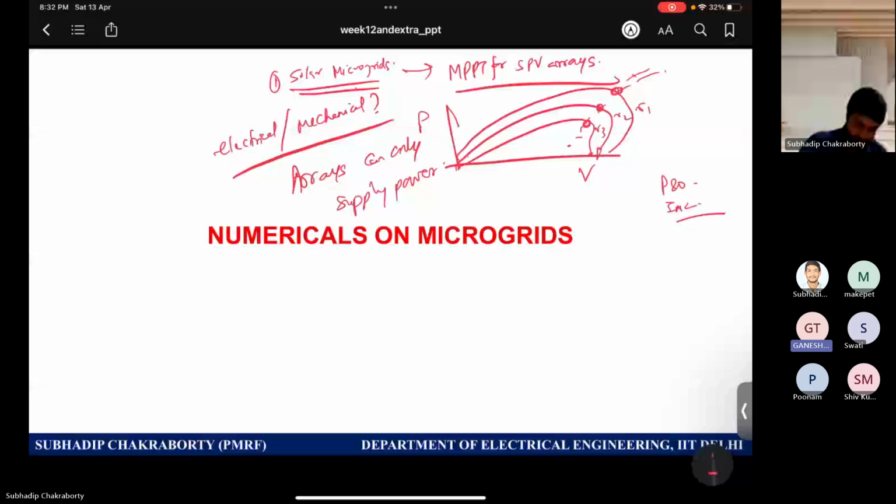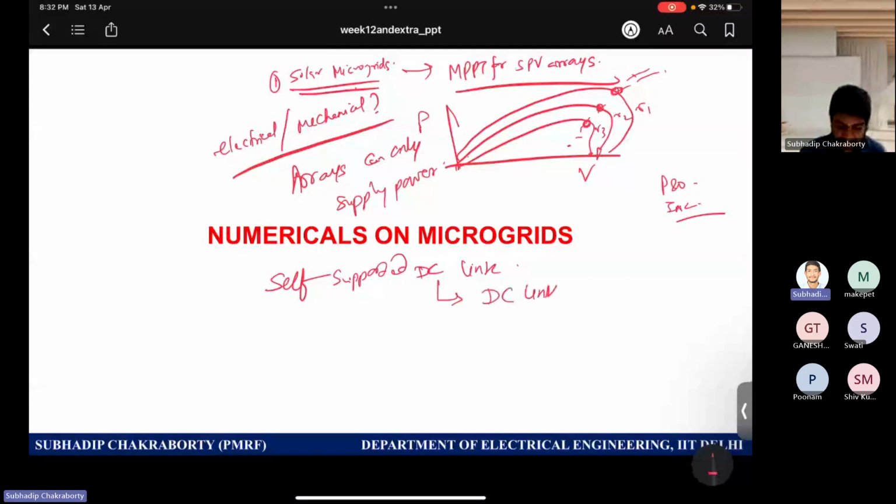You must not have seen the previous weeks. Self-supported DC link means there is no battery tied directly to the DC link. In other words, the DC link is maintained by the AC side and not the DC side.